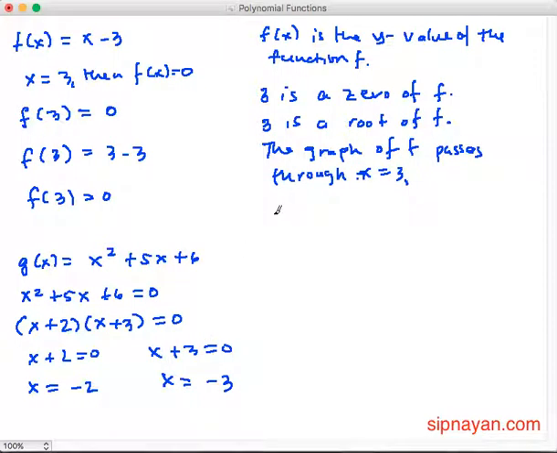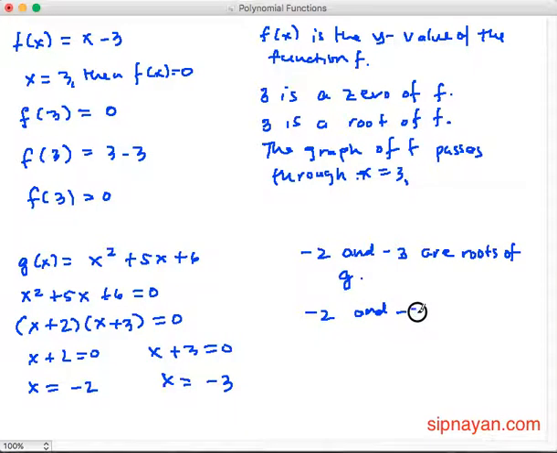Meaning, negative 2 and negative 3 are roots of g. No? O kaya, negative 2 and negative 3 are zeros of g.